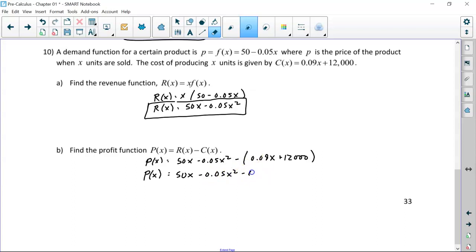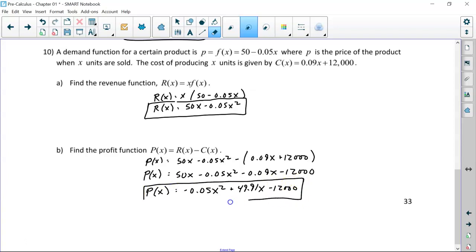Distribute the negative: minus 0.09x minus 12,000. So the profit function, p of x, is going to be negative 0.05x squared plus 49.91x minus 12,000. That's the function that would give you the profits at any value of x, the number of units sold.